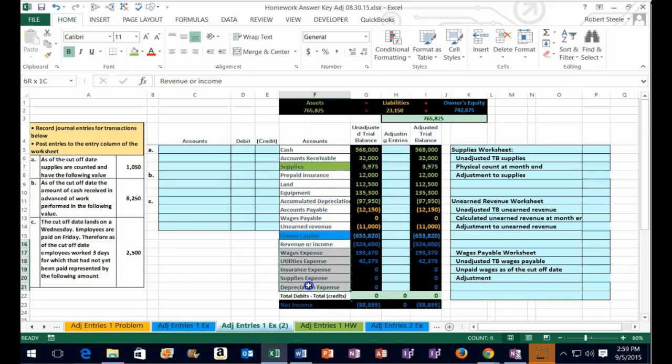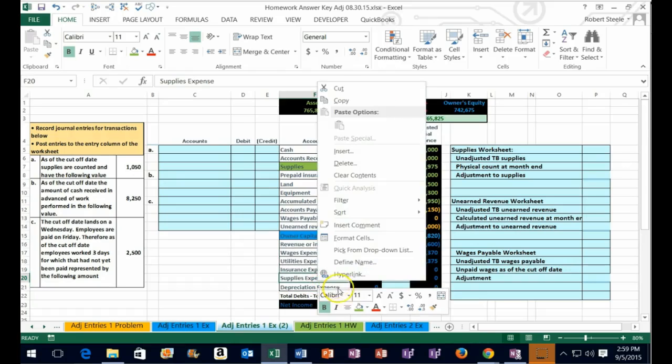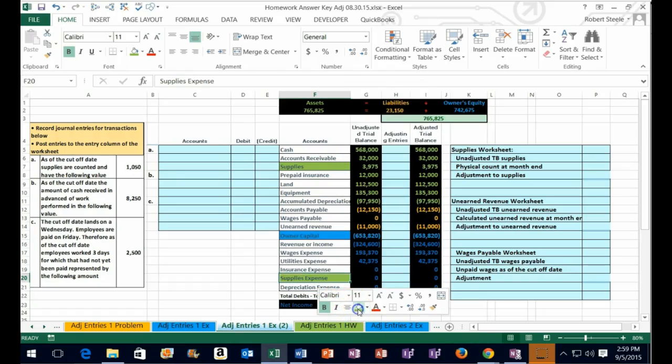What will be the account below the blue line in the income statement? Revenue and expense type accounts. And we have a supplies expense here. So it's likely that that's the account that will be affected. Once again, I'm going to make that green by right-clicking and using that icon. Then the question is, well, these are income statement accounts. They only go one way. These are all expenses, and they all have debit balances, and they only go one way.